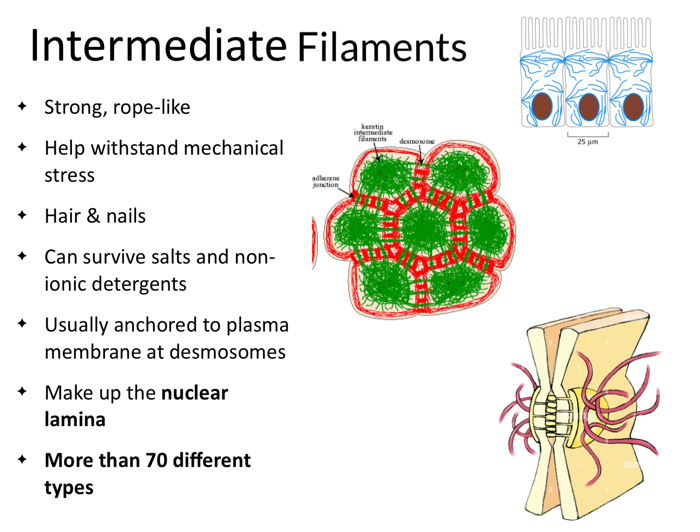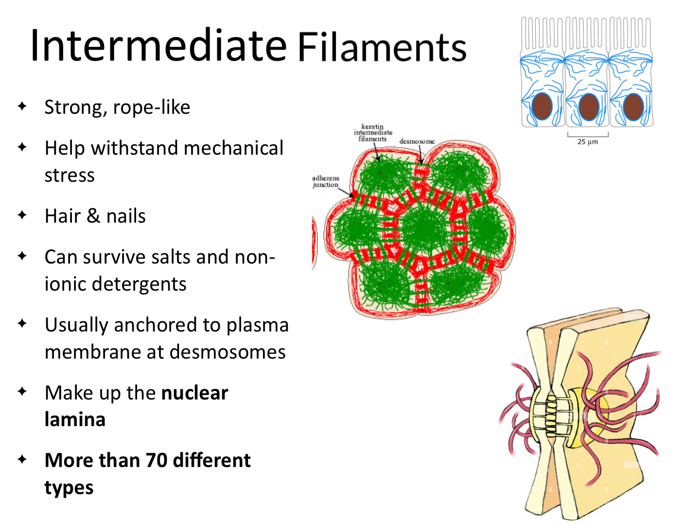These can survive salts and non-ionic detergents, meaning that changes in pH or ion levels are not going to disrupt these. They are usually anchored to the plasma membrane at locations that we call desmosomes. You can see here and examples in the figures where they are anchored to the plasma membrane.